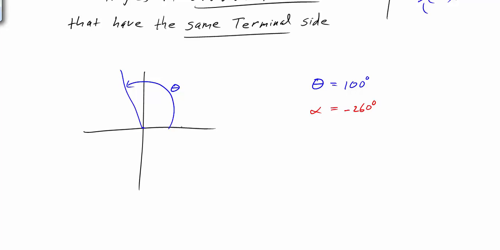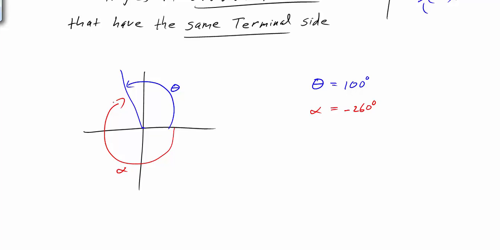If we start here on the positive x-axis and go in a negative direction, we would end up over here at a negative 260. So this angle starts on the positive x-axis, even though it's negative, and it ends up here at the exact same terminal side. So whether we go a positive 100 degrees or a negative 260 degrees, we're going to end up at the same position.